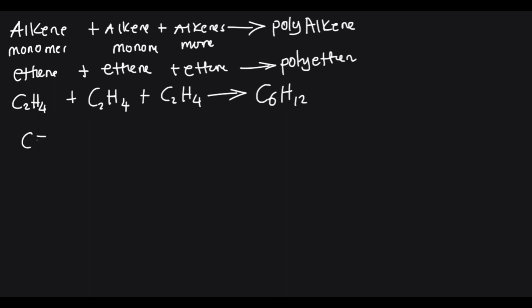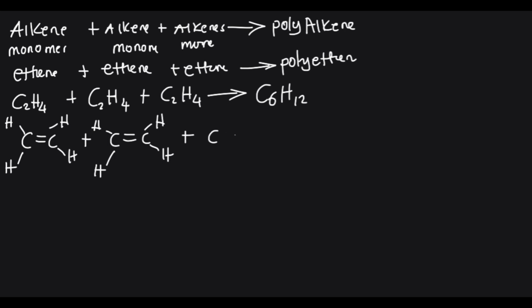Then in terms of the structure, we know the structure for ethene plus another one, then since there are 3, plus another one. What you need to know is that after this polymerization, the double bonds should be broken into single bonds.